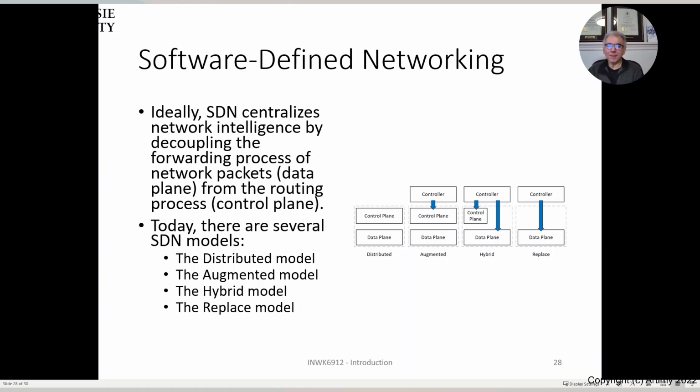But then the controller interferes and says, well, for this particular packet, forward it this way instead. So this could be called the augmented model. We have everything traditional, but then we can interface with the routers and switches and change the behavior a little bit.